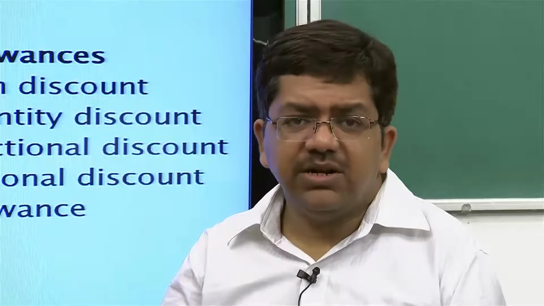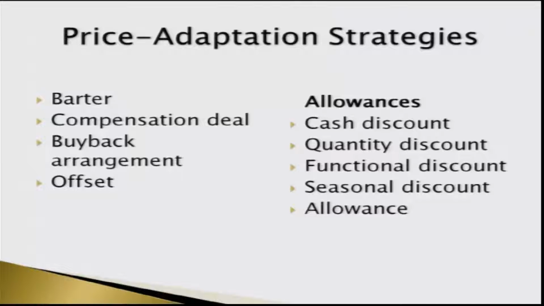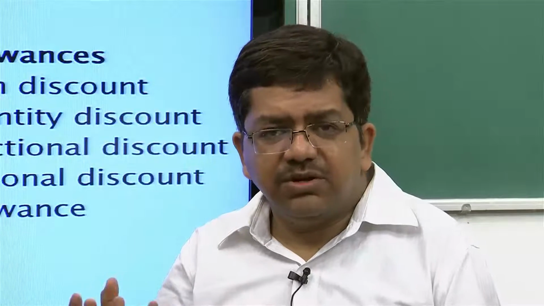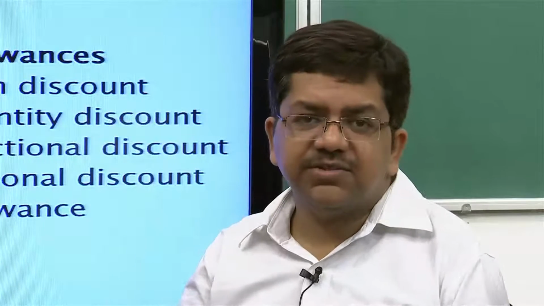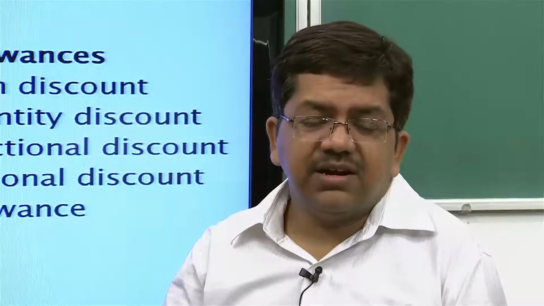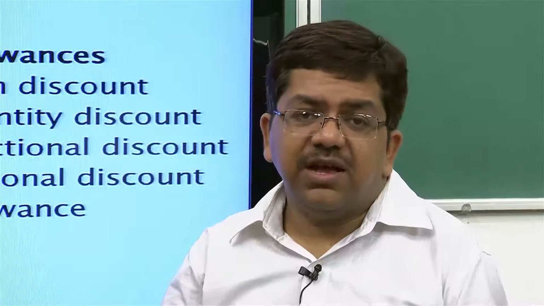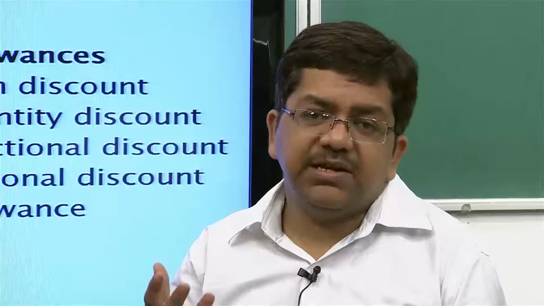Then you have quantity discount: as you buy more of a product, you will see in grocery products and many other products, this kind of thing exists even in the consumer market, that the more you buy, the more discount you get. However, in the Indian context you will also see certain products where as you buy more, the price is on a higher side.